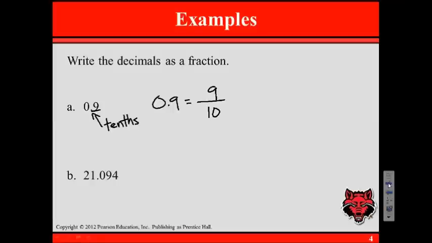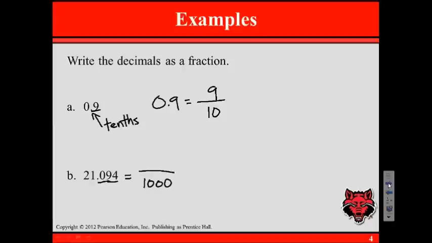Let's try the next example. We have 21.094. The 0 is in the tenths place, the 9 is in the hundredths place, the 4 is in the thousandths place. So the way we would read this is 21 and 94 thousandths. Because our decimal ends in the thousandths place, our denominator will be 1,000.